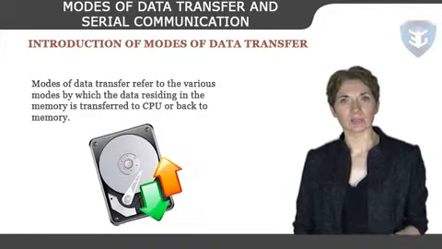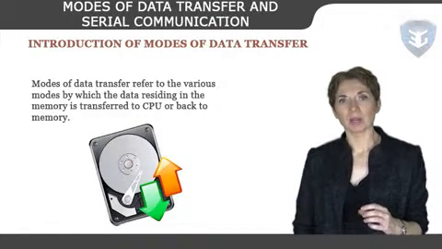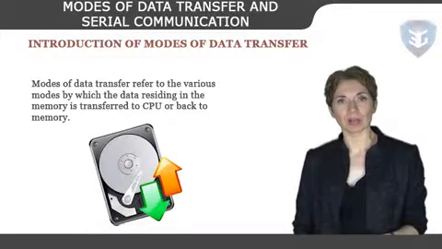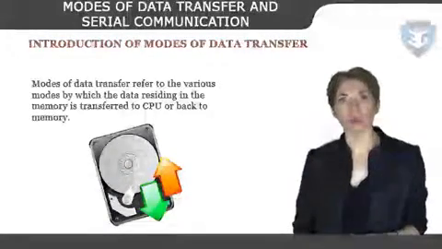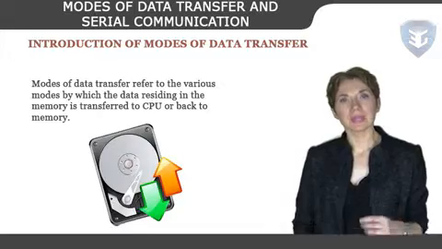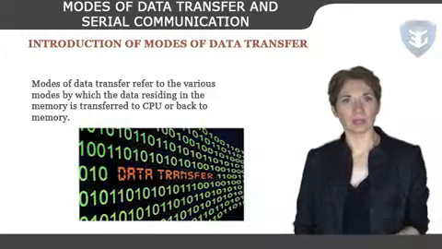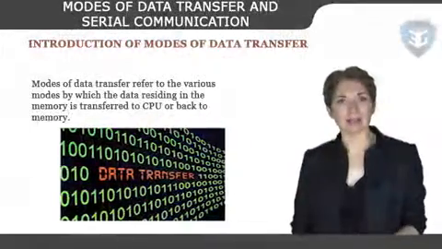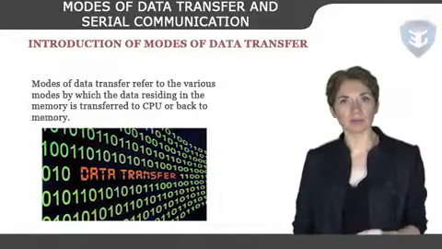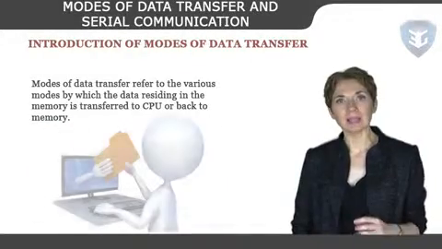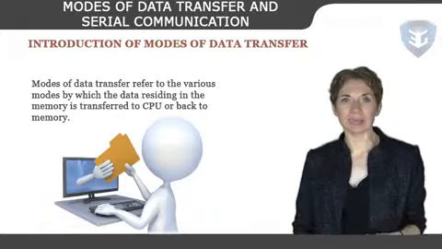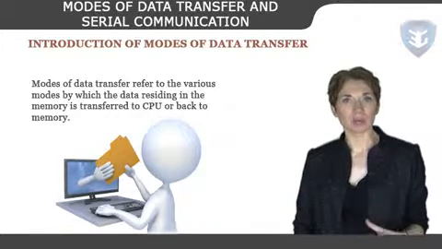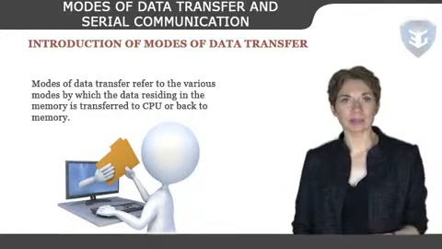Modes of data transfer refer to the various modes by which the data residing in the memory is transferred to the CPU or back to the memory. The data originates from the input units. The originated data is then transferred to the memory for storage. This binary data received from any external device is in general stored in memory for later processing.